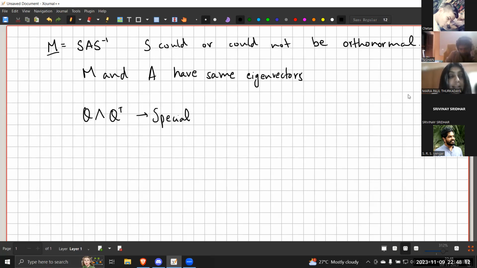SVD we use for rectangular matrices too, right? So how does it work then, because the inverse itself is different?